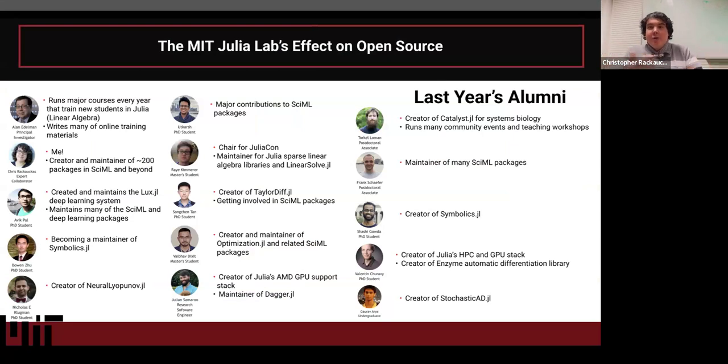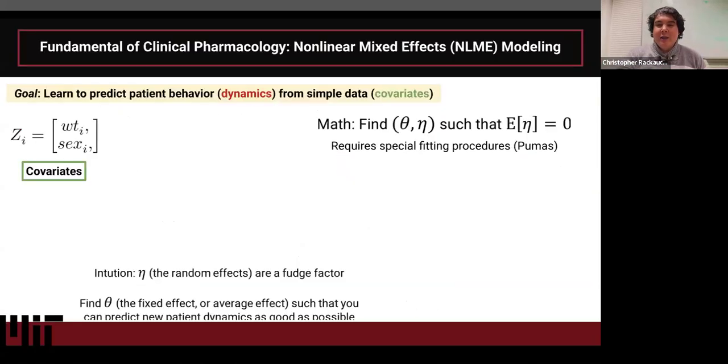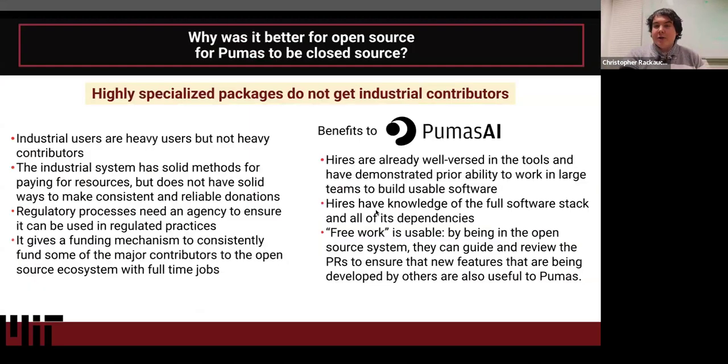Well, you're the one who knows how to use it better than anyone else. We have a company that requires the software. Do you want to keep doing this, right? And this is very good for the company because with the open source hires that you make, you already know how they're going to work. You already know that they're going to work in large teams. They already know the entire software stack and all of its dependencies.